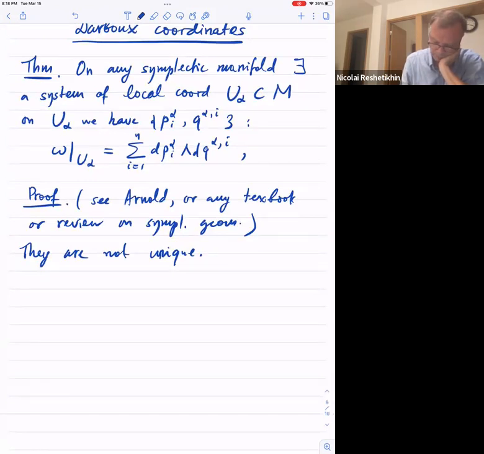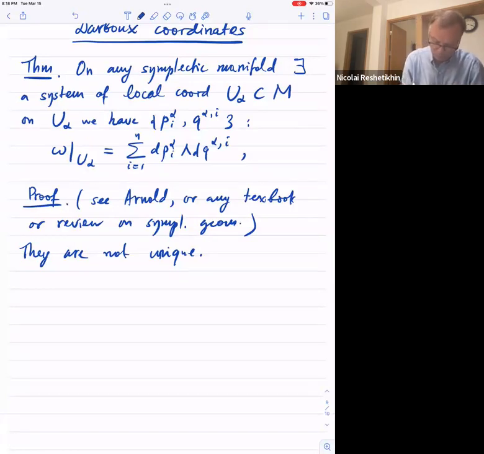I think that's all I wanted to say about Darboux coordinates. What's important is that they always exist. So locally, any symplectic manifold looks like R^n with the standard symplectic structure. Locally, it looks like a cotangent bundle.